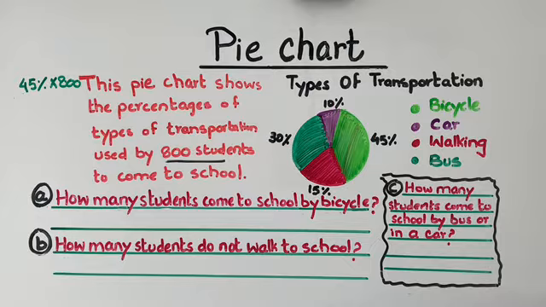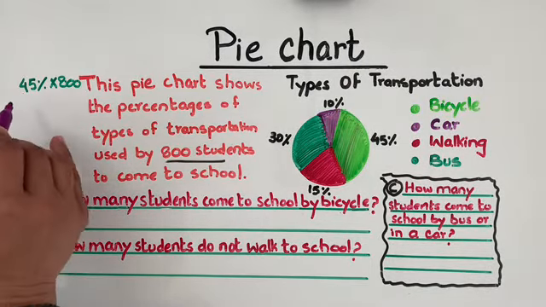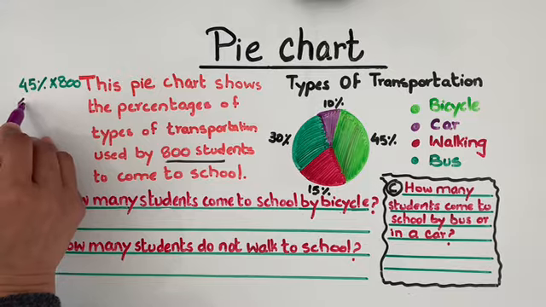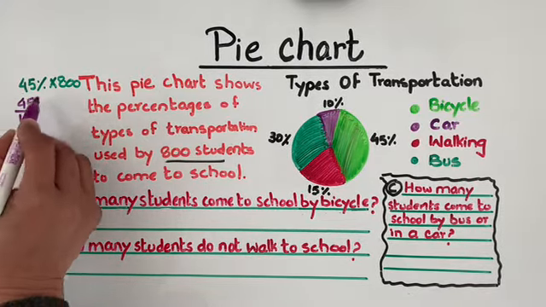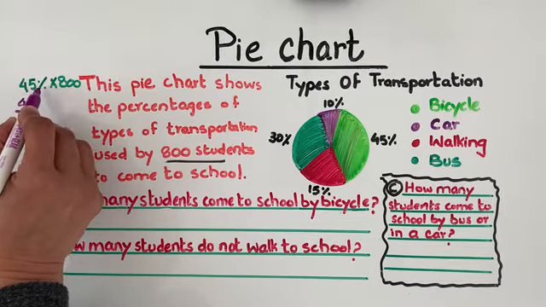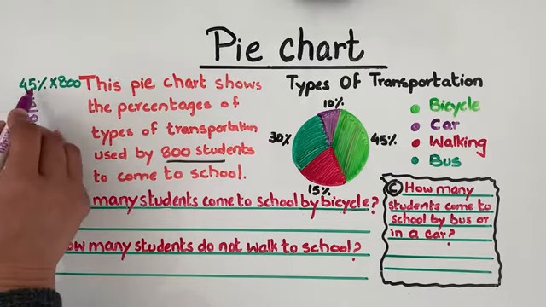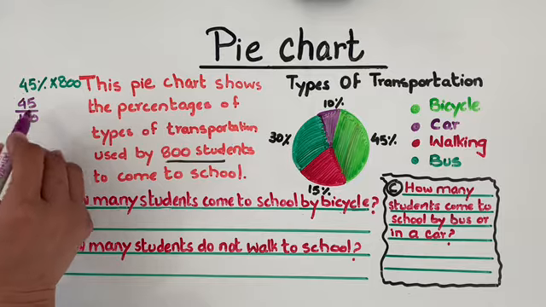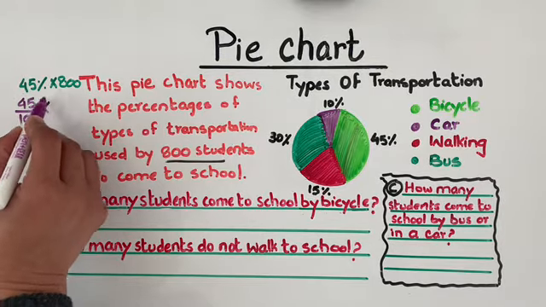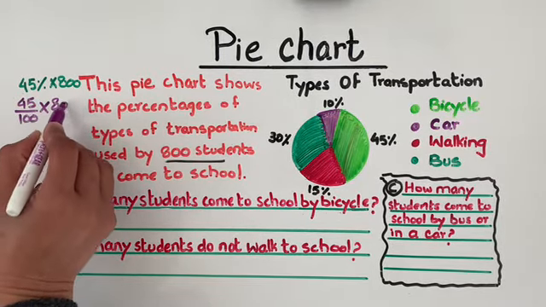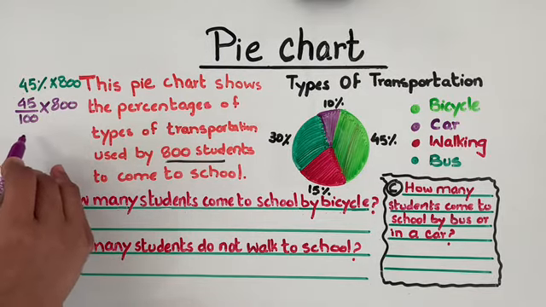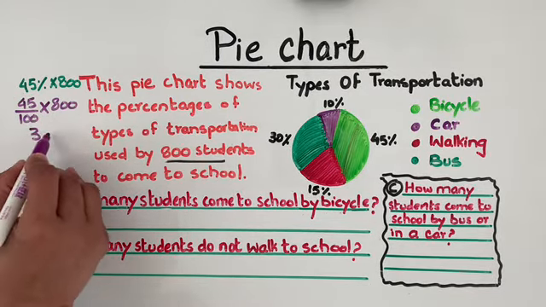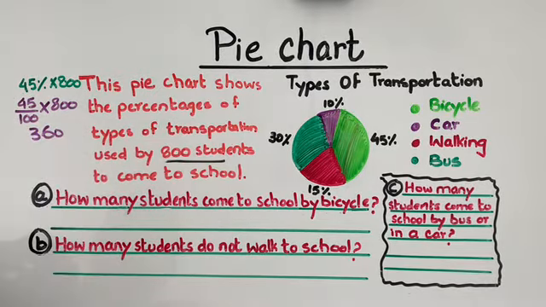Now let's solve it. 45% times 800 means 45 divided by 100 times 800. This percentage sign means divided by 100. When we solve it, we'll get the answer 360.